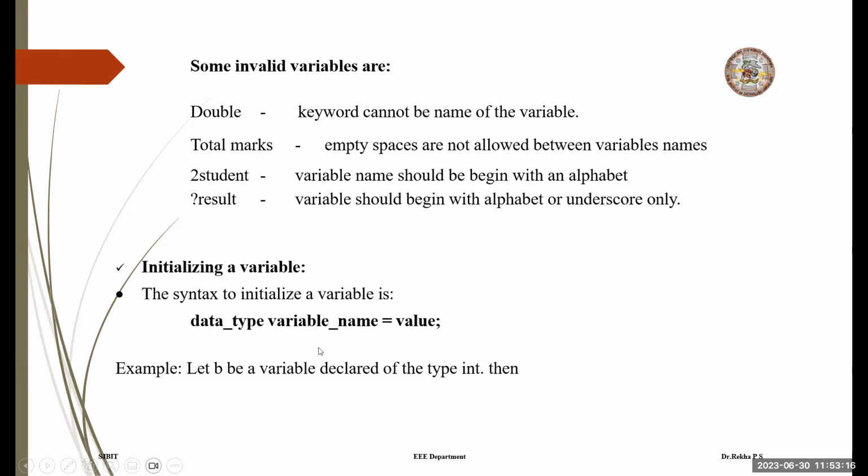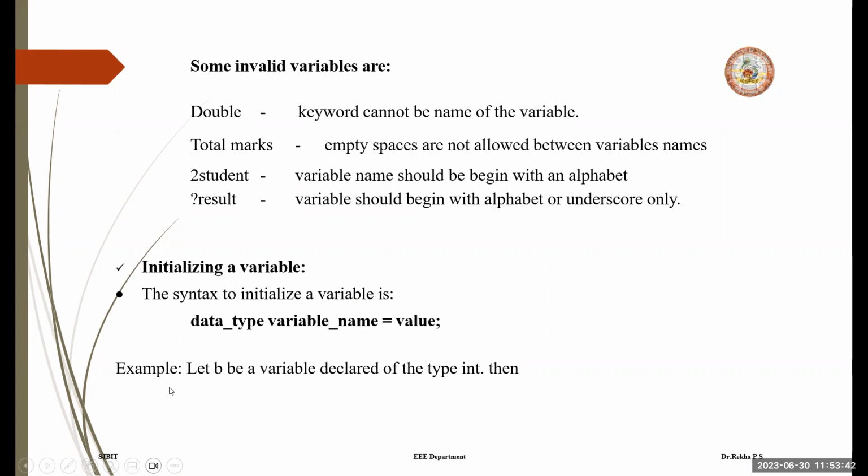For example, int marks is equal to 30. That 30 will be the value stored in the marks variable. So the data type is int, float, char and so on, then the name of the variable, then the equals sign, which is the assignment operator, and then the value. This value will be assigned to the variable name using the assignment operator.